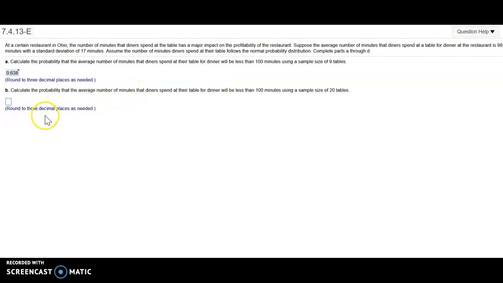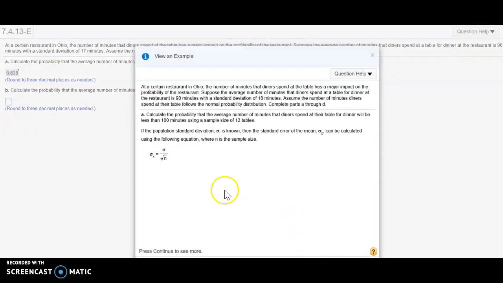Okay, so we're wanting to know the probability of less than 100 minutes. So we have to convert this normally to a z-score, but we are actually going to use Excel. And so the first thing you need to do is to find the standard deviation.